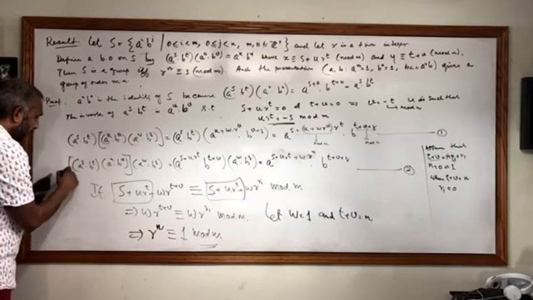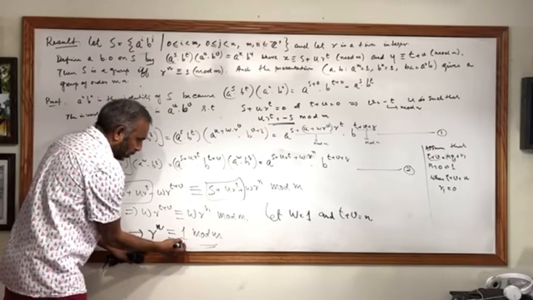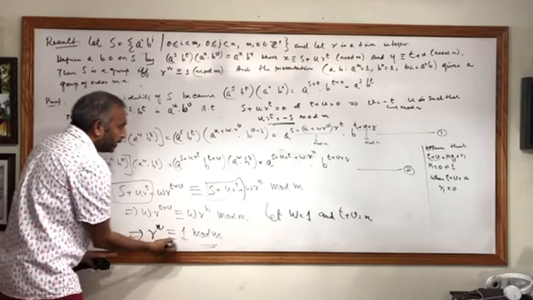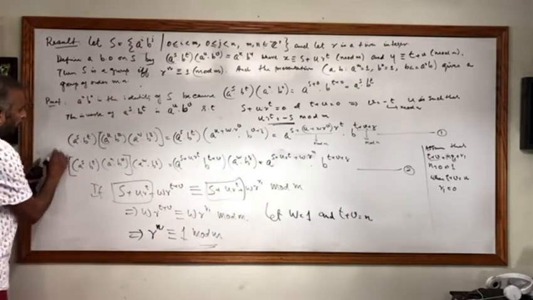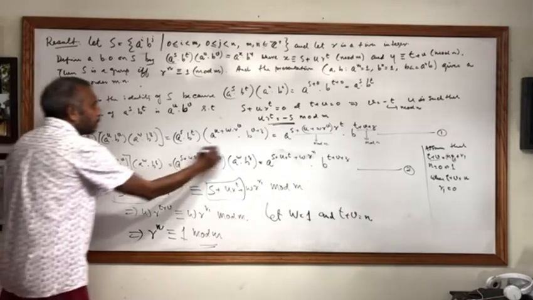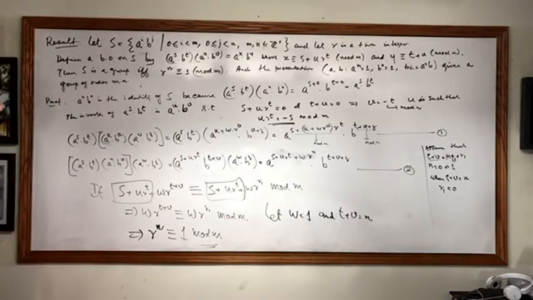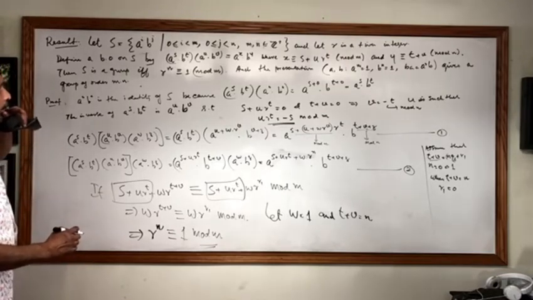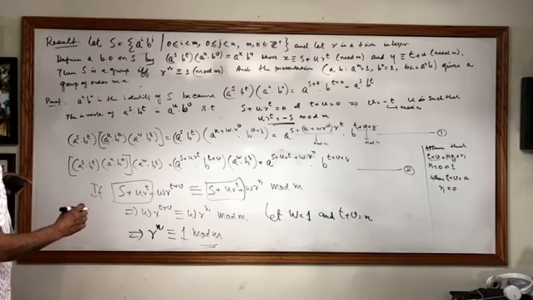When associativity is true, this is true. When this is true, then if you go reverse, you will find that this associative property is true. So it is actually an if and only if condition. So this part is done.